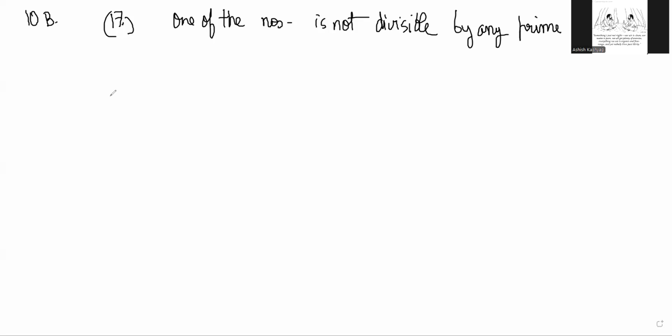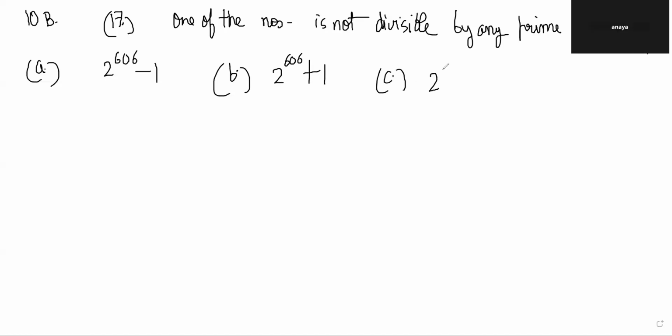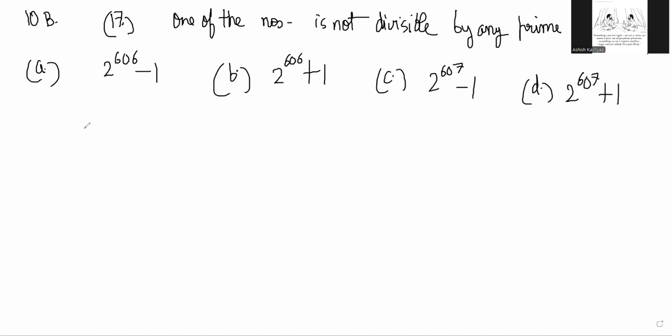And the options are 2 to the power 606 minus 1, 2 to the power 606 plus 1, 2 to the power 607 minus 1 also similarly, and the last one is 2 to the power 607 plus 3 to the power 607. These are your options.